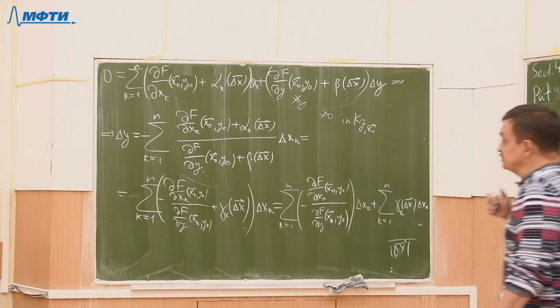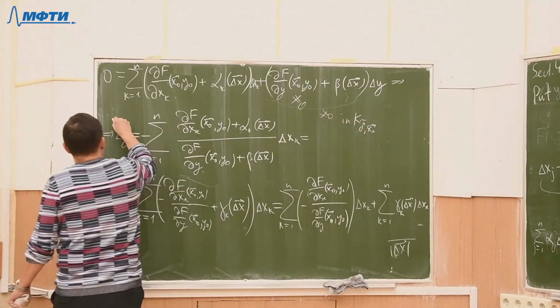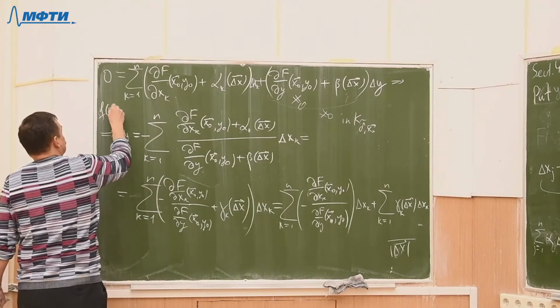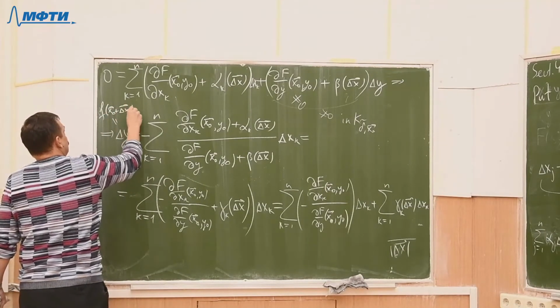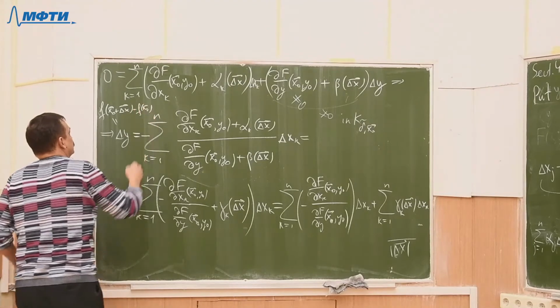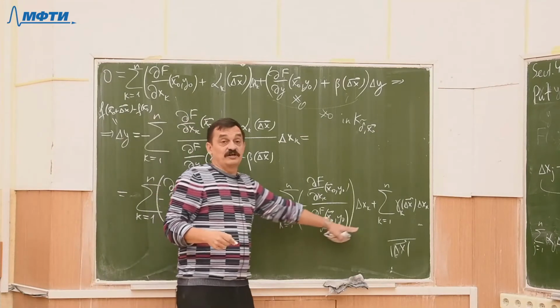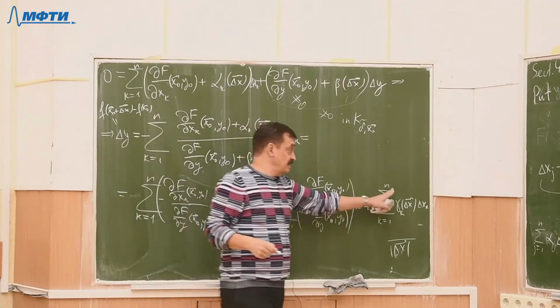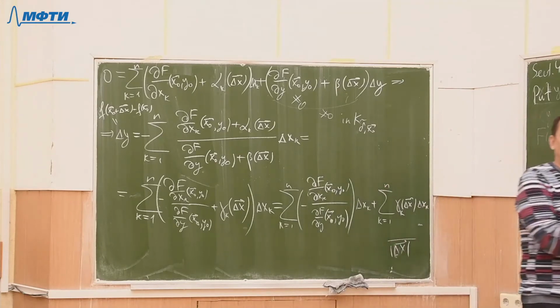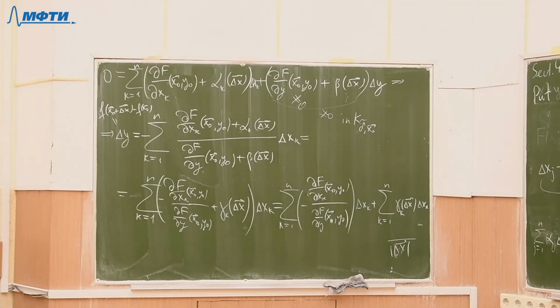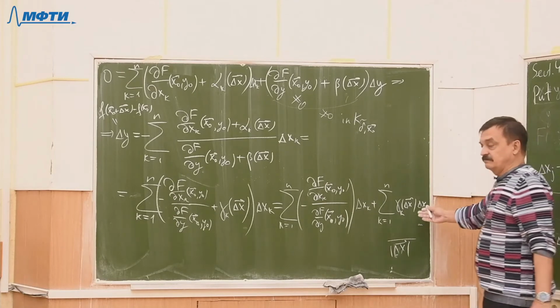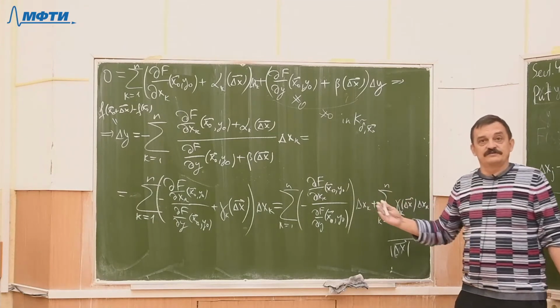But remember, what is delta y? Delta y is f at x naught plus delta x minus f at x naught. So the increment of our function is represented as a sum of linear terms, right, plus something which tends to 0 after division by delta x. That is precisely the definition of differentiability of f, little f, right? So what we obtained proves the differentiability.